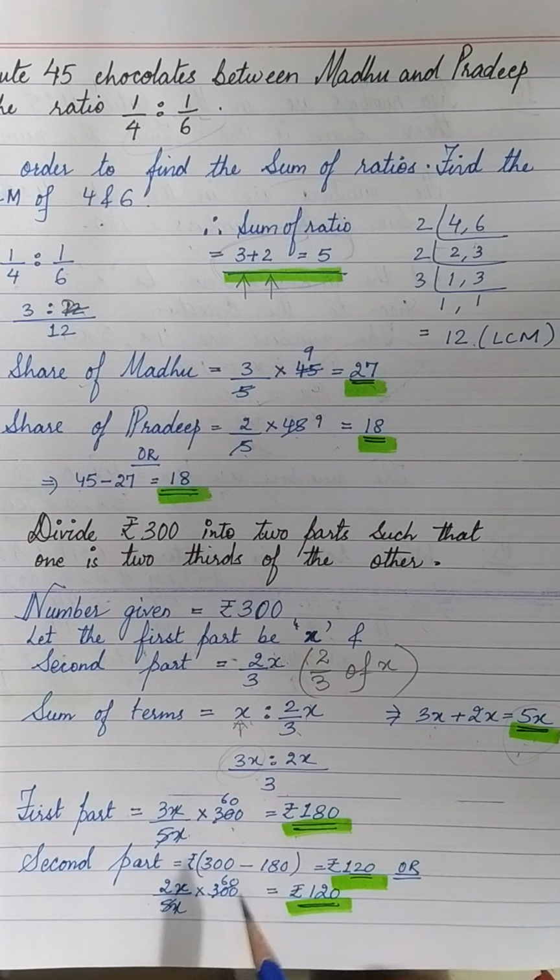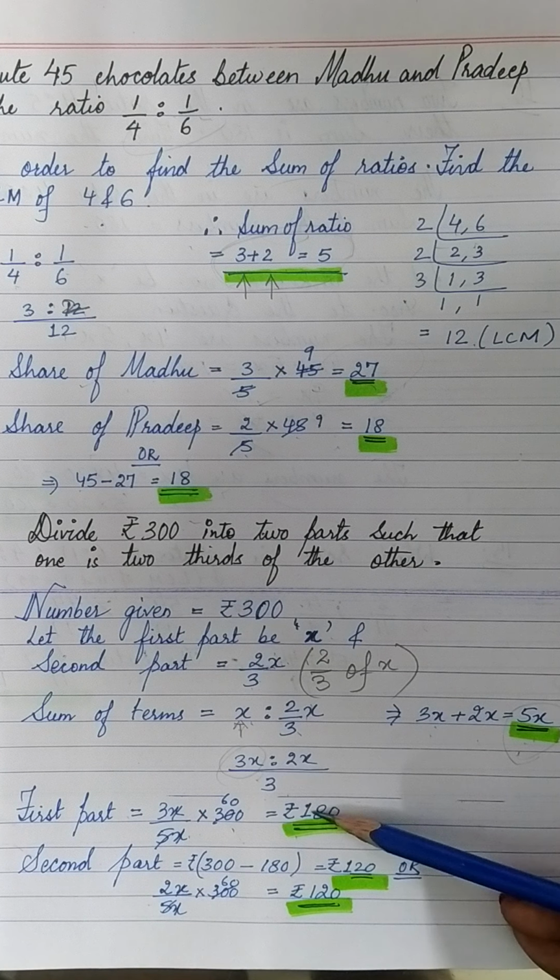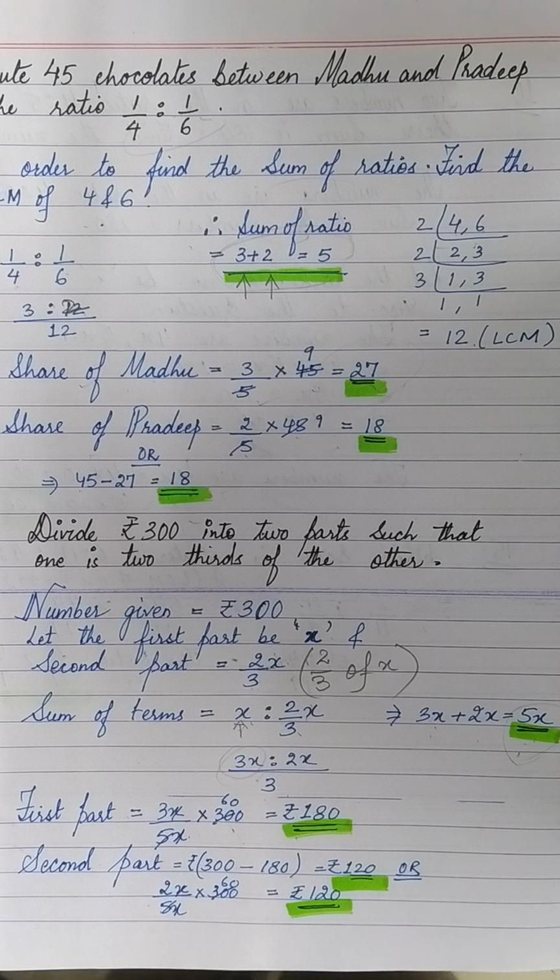For the second part, again you can subtract the first part from the given amount, or you can use your formula: second part upon the sum of the parts, into the number. The second term is 2x upon 5x into 300. You'll get it as 120. First part 180, second part 120.